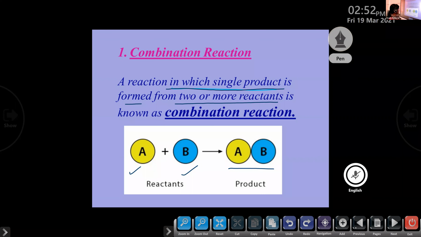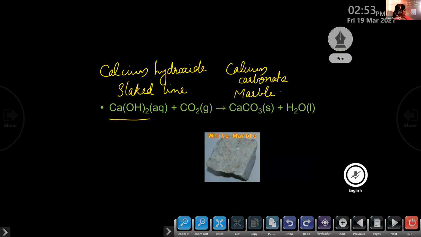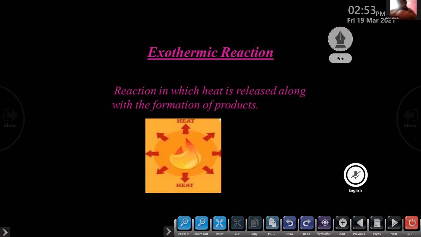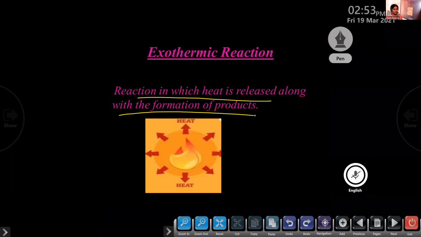Clear? Okay. So the reactions in which heat is generated along with the formation of products are called exothermic reactions. Reaction in which heat is released along with the formation of products, such type of reactions are known as exothermic reactions.